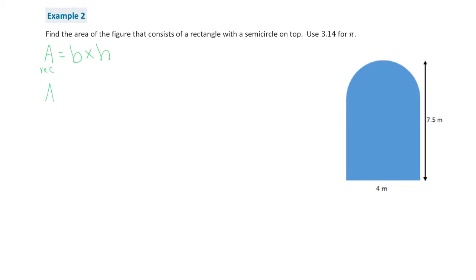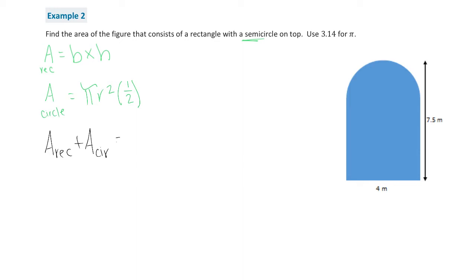And then the area of a circle is going to be pi times radius squared. But remember, since it's the semicircle, it's half of a circle, so we're going to also multiply all of this by 1/2. Then to find our total area, we're going to take the area of our rectangle plus the area of our semicircle, okay?